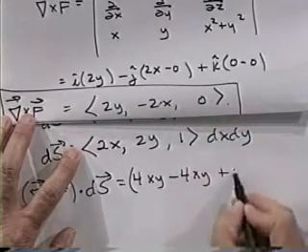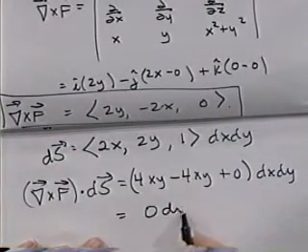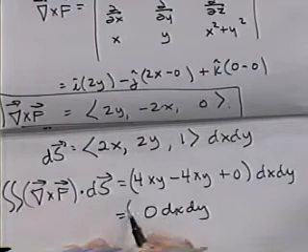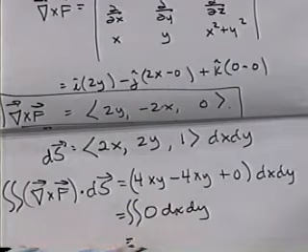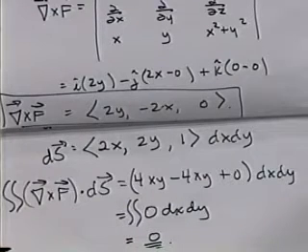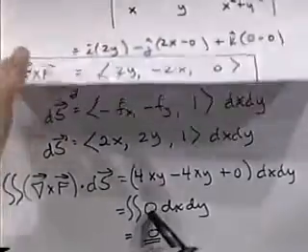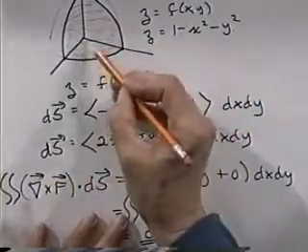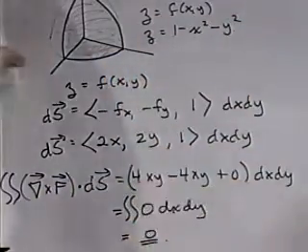That times that, plus 0 dx dy, and heavens, this is nice. So when they want the surface integral of that, they're doing the surface integral of 0 dx dy, and what do we get? 0. So a lot of these turn out to be 0, so you go, oh, this isn't bad. But if it did not turn out to be 0, you would then have to figure out how to integrate over this region right here, because it's the shadow of your surface onto the xy plane.